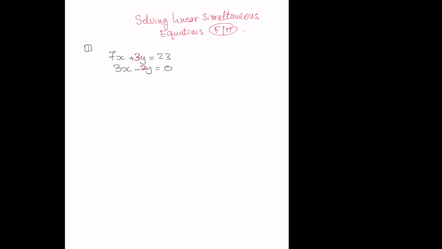So to eliminate y, you need to change both numbers into the same number. This is the most important part of the solving. All you have to do is multiply the numbers by each other. So 3 times 2 is 6, and 2 times 3 is 6. Okay? So that's the best way to do it.